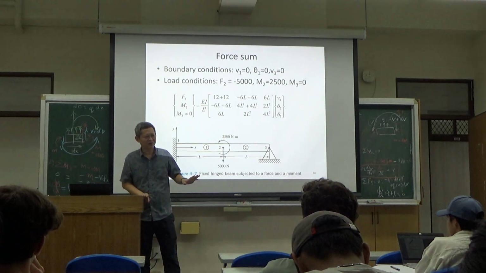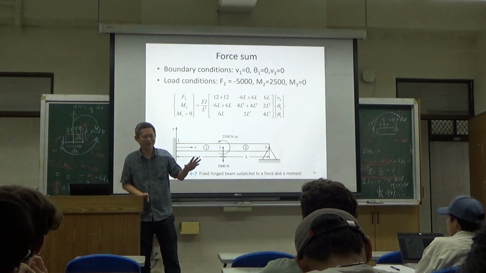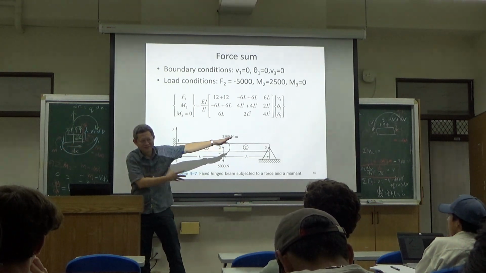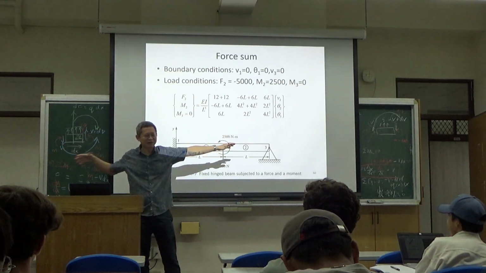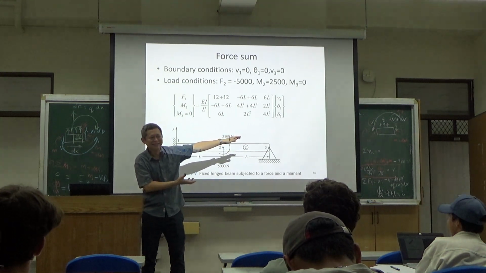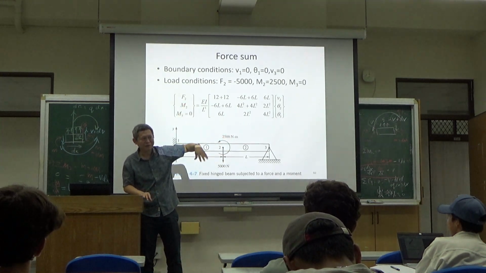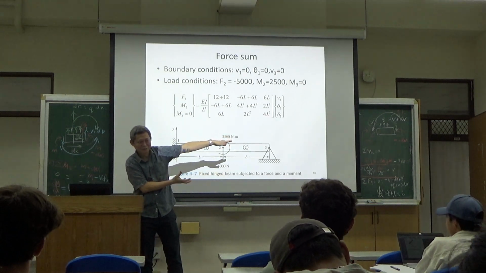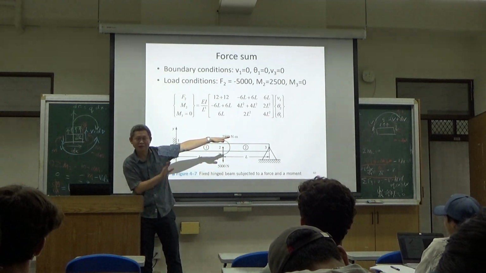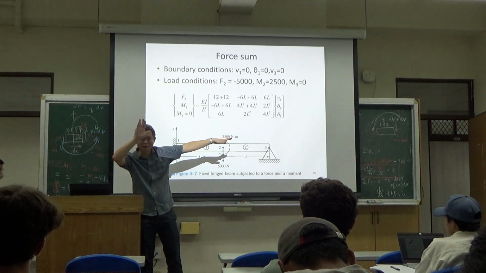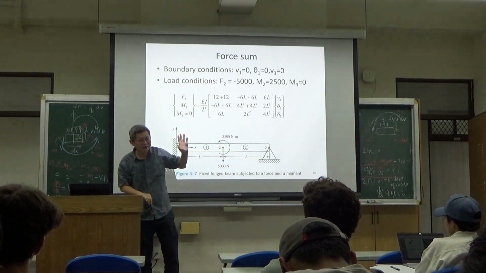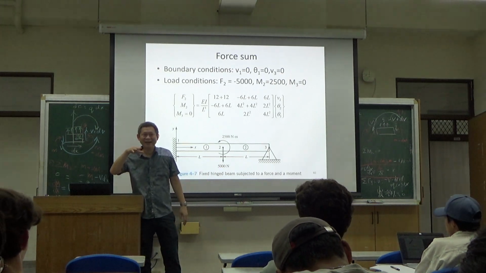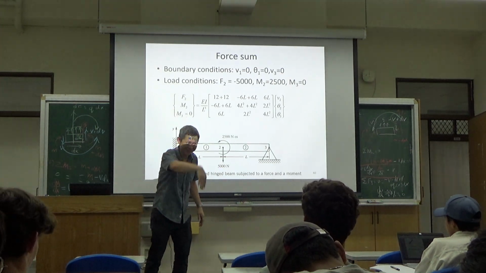You know what happens when your turbine engine is more powerful? This is the wing, this is the engine. What happens when the engine becomes more powerful? Do you pitch up or pitch down? If your engine below the wing gets more powerful, what happens to the airplane? Pitch up. Have you ever flown a paper aeroplane? When it pitches up too much, what happens? It stops and comes down.